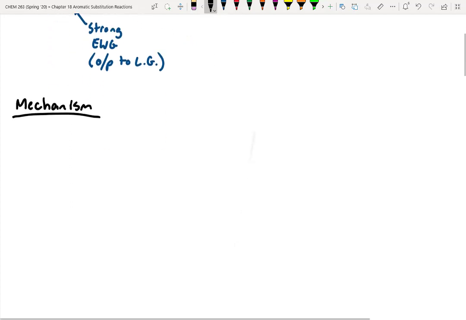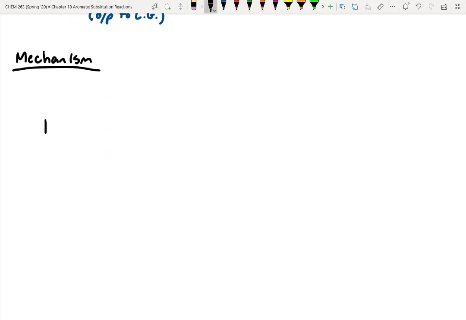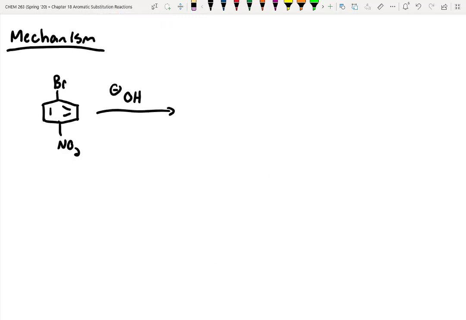All right, so for the mechanism, let's first redraw our starting material. We've got our bromine. In this case, it's para to our strong electron withdrawing nitro group. And we've got hydroxide as our reagent in step 1. When we think about this reaction, we know that a nitro group is a really, really strong electron withdrawing group.